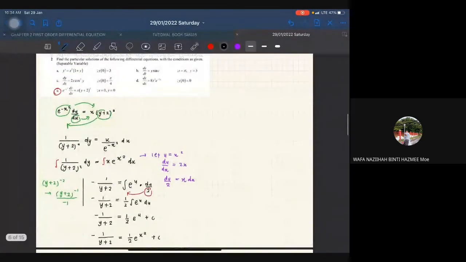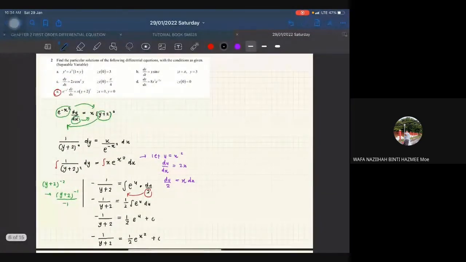Okay, siap sampai sini. Okay. So soalan minta kita cari particular solutions. So awak mesti substitute nilai x and also y yang soalan bagi. So tengok dekat sini nilai kita. Alright, so when x is equal to 0, y is equal to 0 juga. Okay, so substitute sahaja.